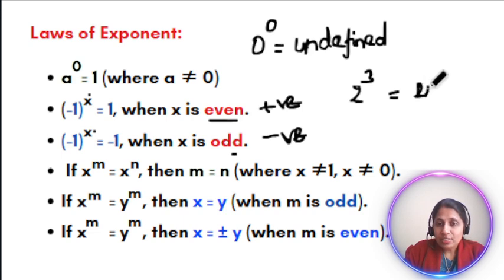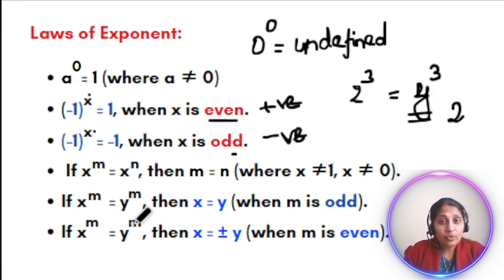Suppose you need to find y. If the powers are the same and it is odd, then obviously y has to be 2 only. Okay, it can't be negative 2 or any other number. Because both are equal, y has to be 2. So these last three identities will be helpful for you to find the unknowns in the problem.